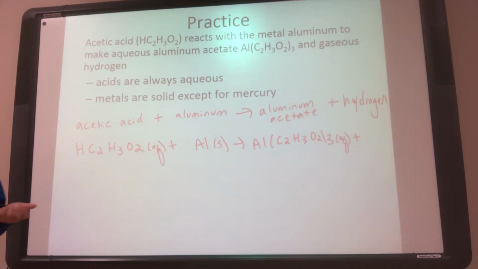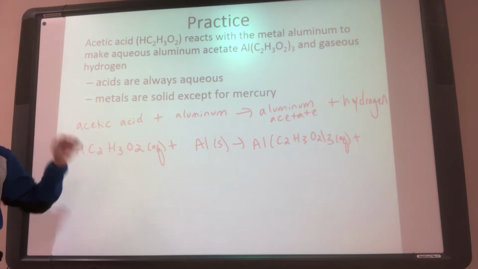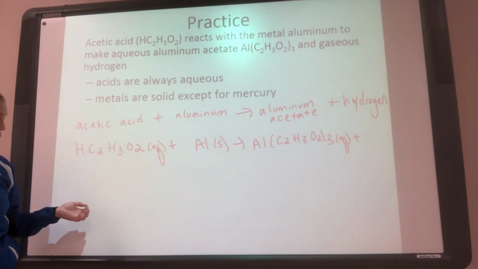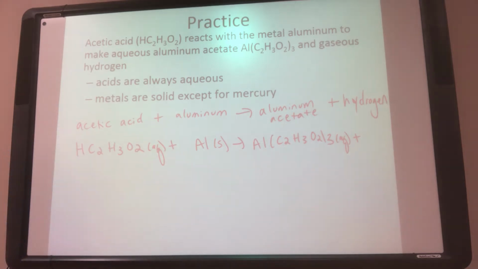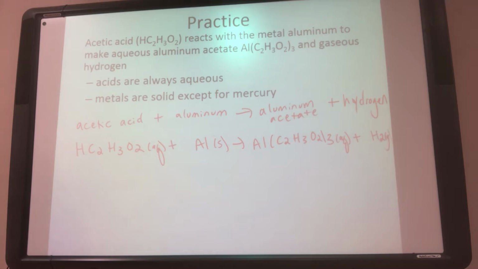Plus hydrogen. So hydrogen, is that just going to be H, or is that going to be H2? So that's another one of the diatomics. It's H2, and it says it's gaseous. So I'm kind of running a little bit out of room, but it's gaseous. Okay? So we write it all down.